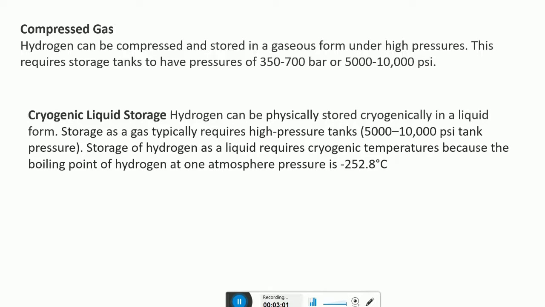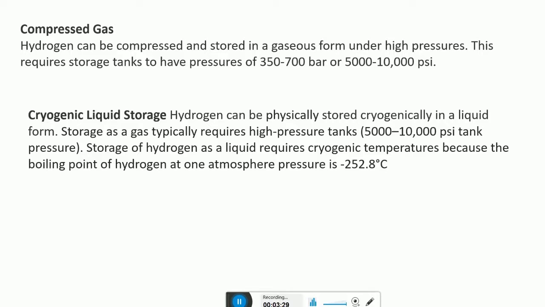The compressed gas hydrogen can be physically stored as either a gas or liquid. As a gas, it typically requires high pressure tanks. Storage of hydrogen as a liquid requires cryogenic temperature because the boiling point of hydrogen at 1 atmospheric pressure is minus 252.28 degrees Celsius.